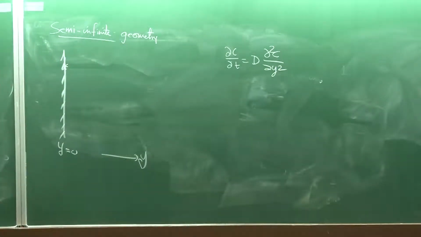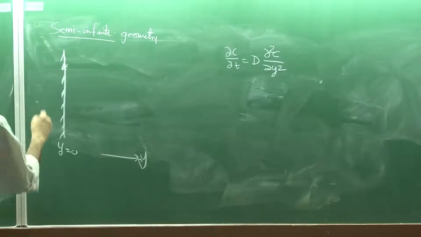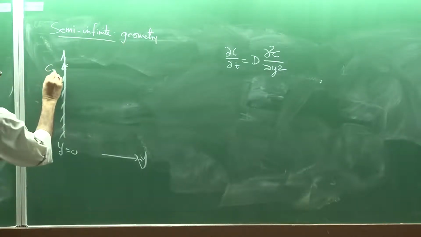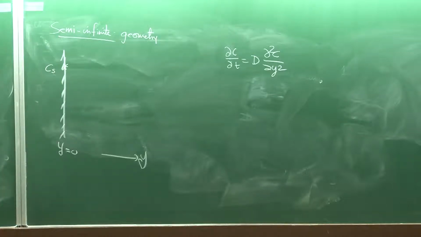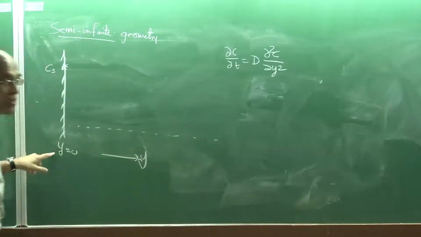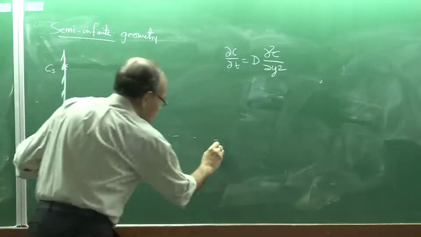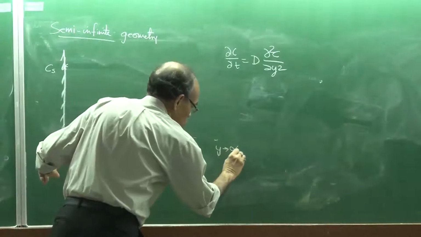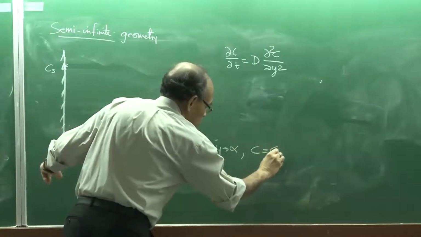Earlier we posed the surface concentration as one-dimensional. So we will put this as Cs, the surface concentration, and we will say that far away from the wall, as y tends to infinity, C is equal to C sub 0.